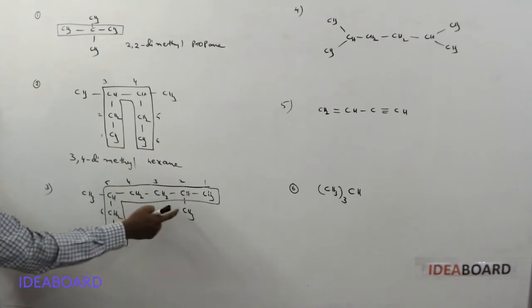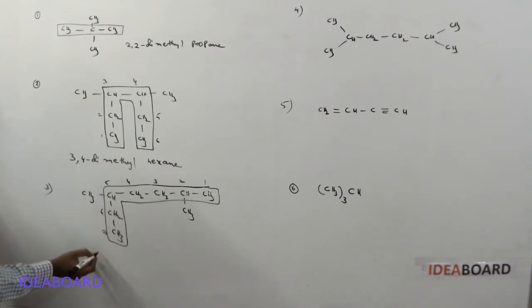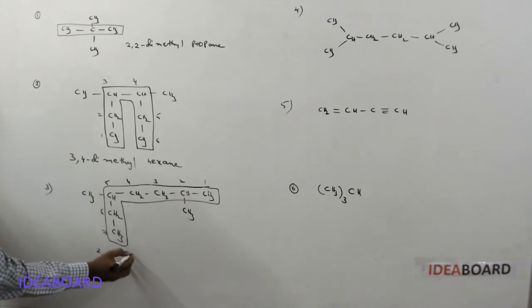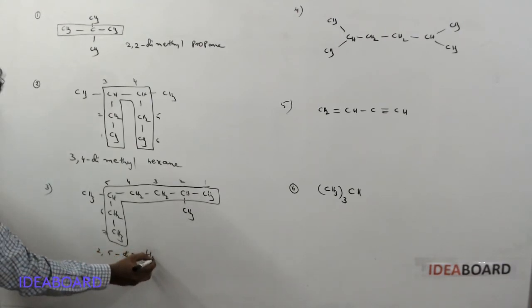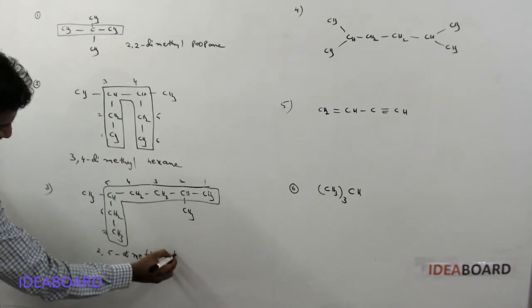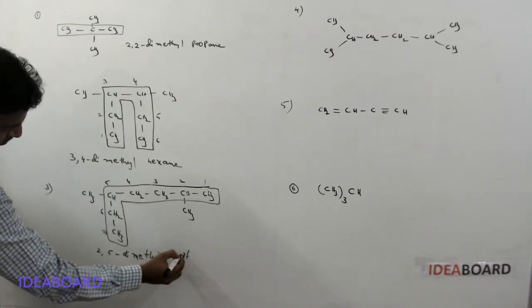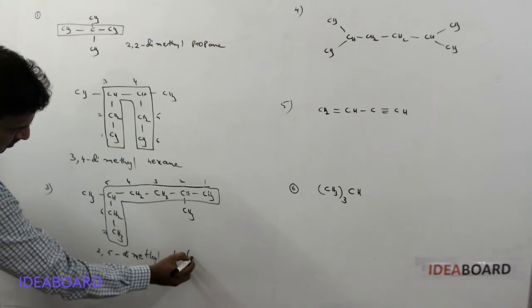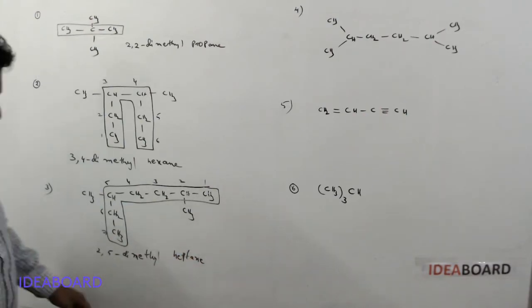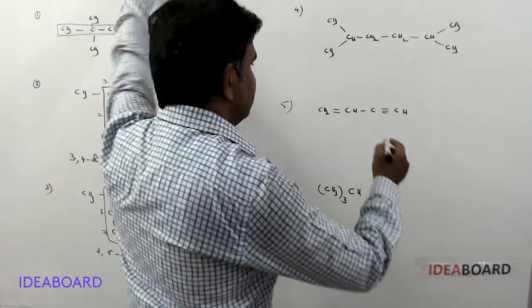With 7 carbons, there is a methyl at the second place and a methyl at the fifth place. So 2,5-dimethyl heptane. The IUPAC name is 2,5-dimethyl heptane.